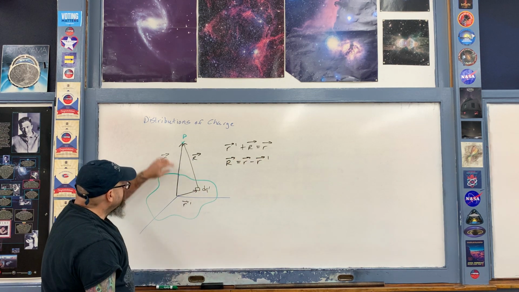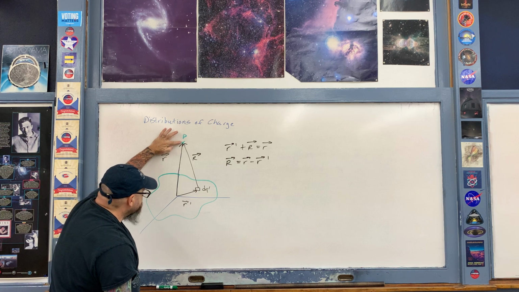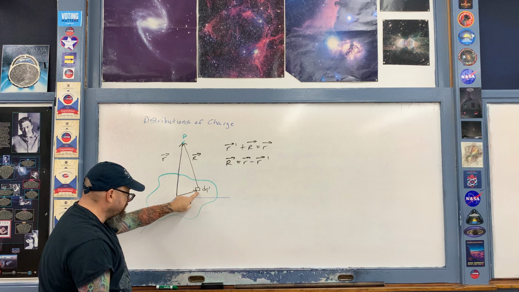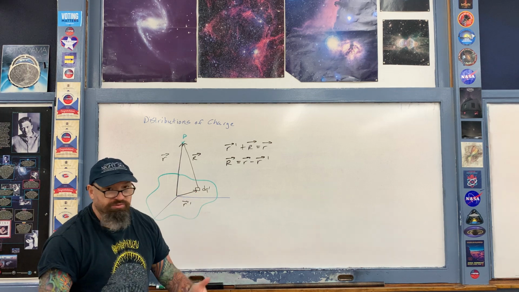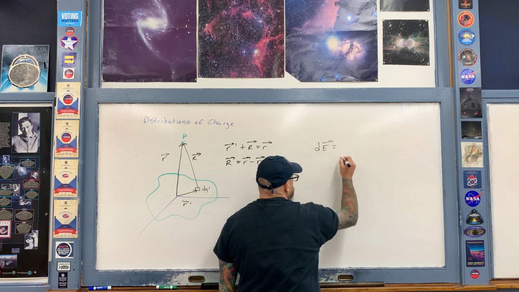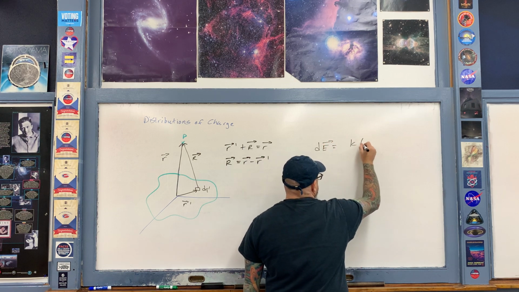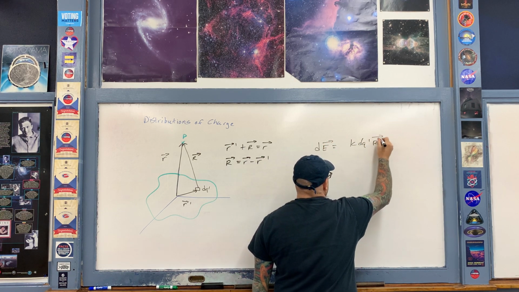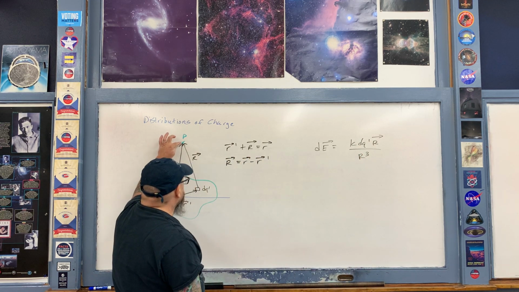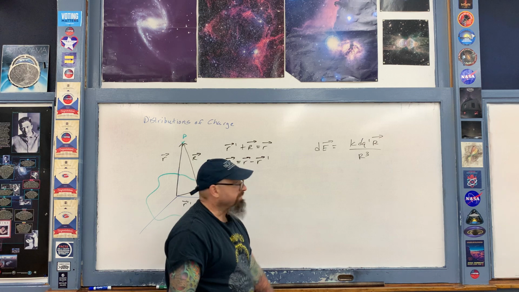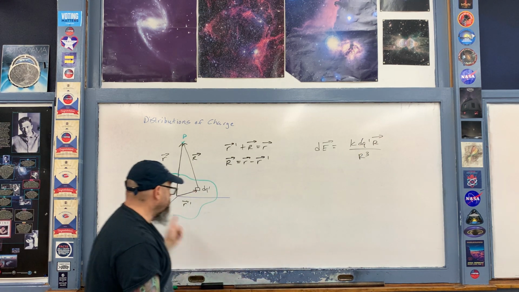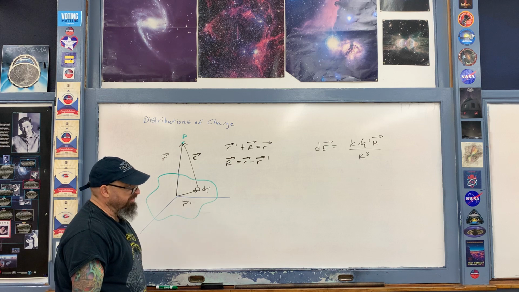Okay, now what I can do here at point P is find the infinitesimally small electric field that is due to this infinitesimally small amount of charge dq prime by just writing the following. So the infinitesimally small electric field is ultimately going to be this expression. And then to get the overall or net electric field at point P, what we would have to do is integrate over the charge dq prime to pick up basically the entire distribution of charge.